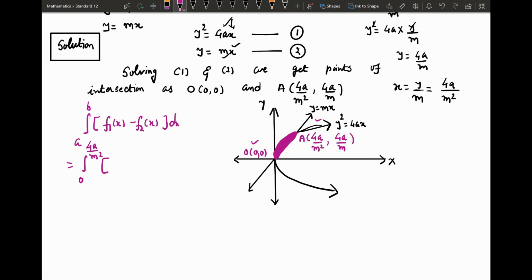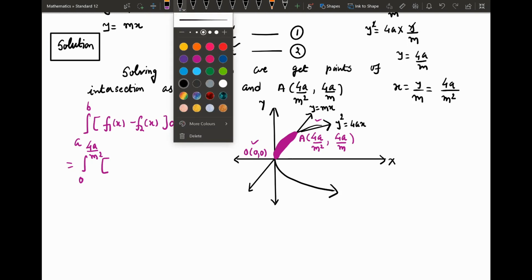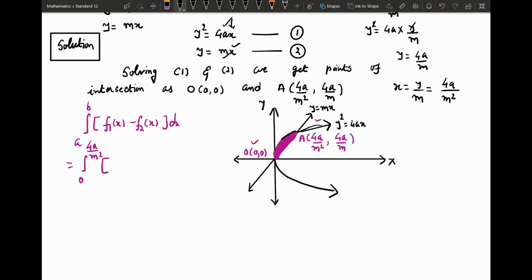f1(x), y as a function of x. So f1(x) means from the parabola y square equal to 4ax, we get the expression y equal to 2 root ax. So this will be 2 root ax minus. Now when we take the first integral, we are getting the entire area.